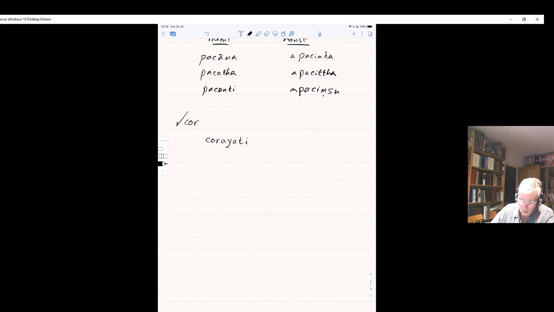He stole is choresi. Sorry, I've written chorayeti as if it was Sanskrit. Sometimes you see it written like that in Pali. Choreti is the more common one in Pali. And in the past, there you insert an S. Choreti, choresi, or chorayi.